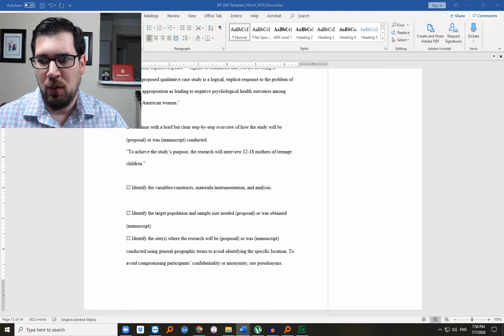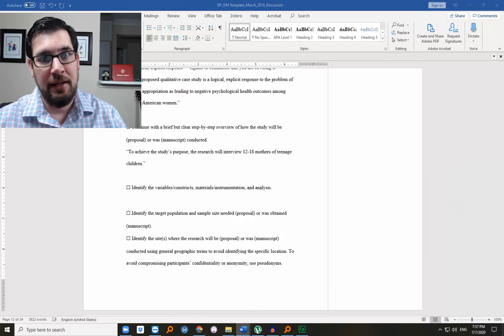Whereas a quantitative study will implement quantitative data analyses like ANOVA or hierarchical regression or structural equation modeling or t-tests or correlational analysis. A qualitative study will require qualitative data analyses, which will include a type of analysis and a type of coding, typically.